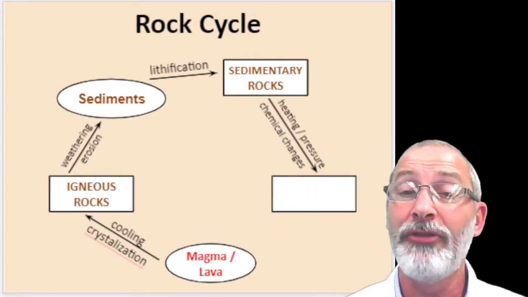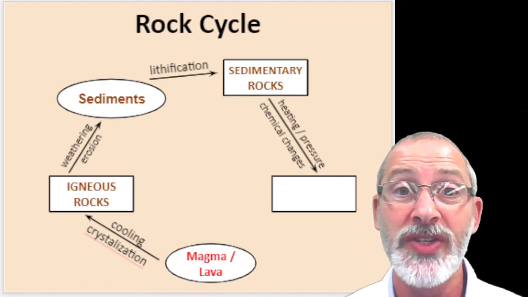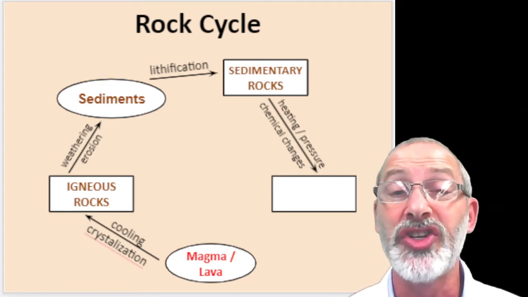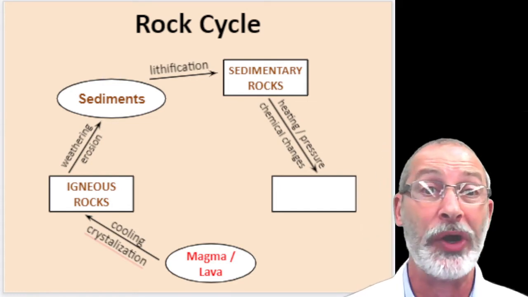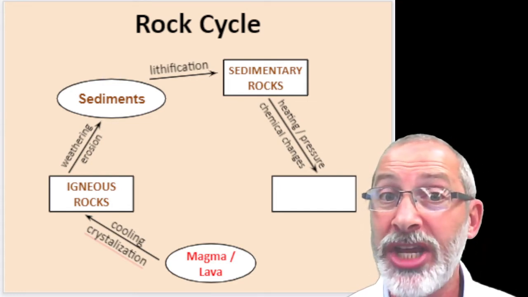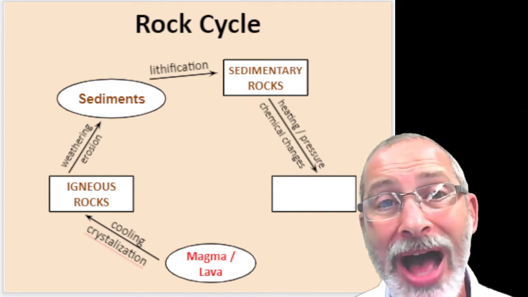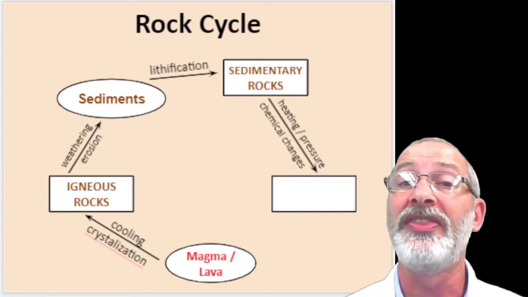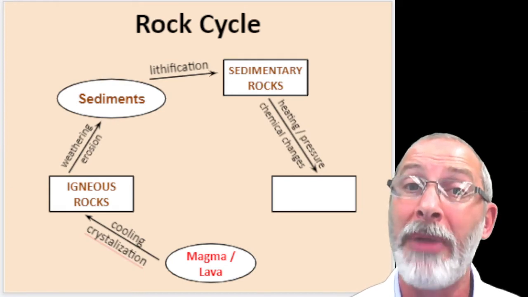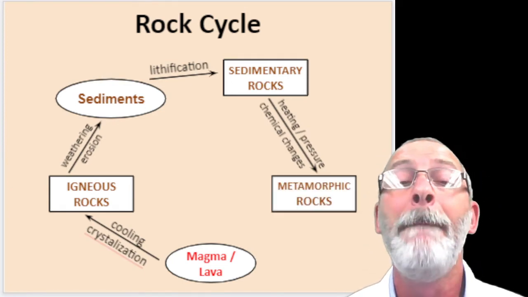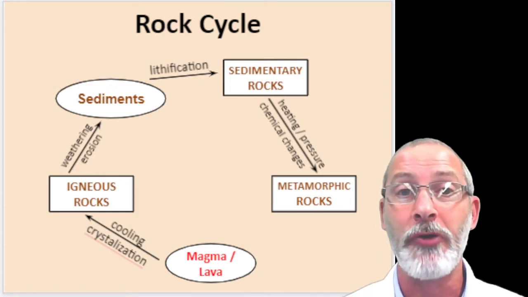There are a lot of different kinds of changes that can take place to sedimentary rocks as they are squeezed or heated or chemically changed into our third rock group. And take a wild guess as to what you think that third rock group might be. Yep, it is metamorphic rocks.